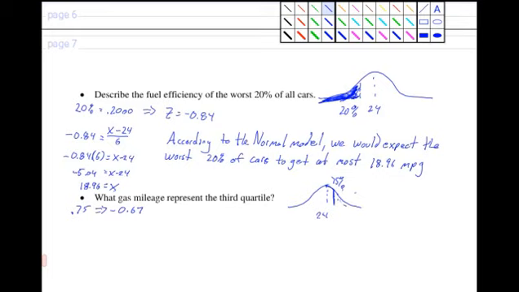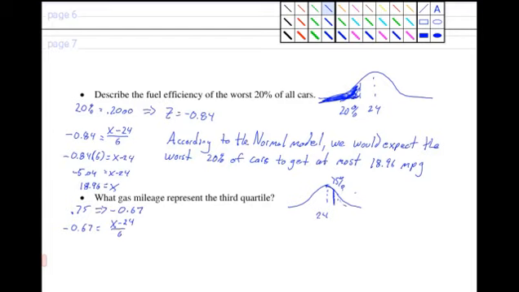And just like the previous problem, we write that out in our formula. So negative 0.67 equals x minus 24 over 6.